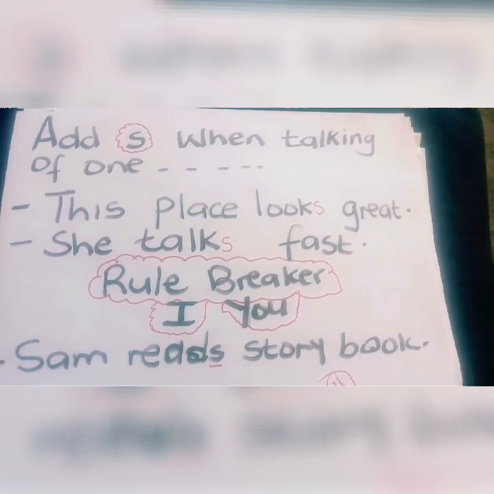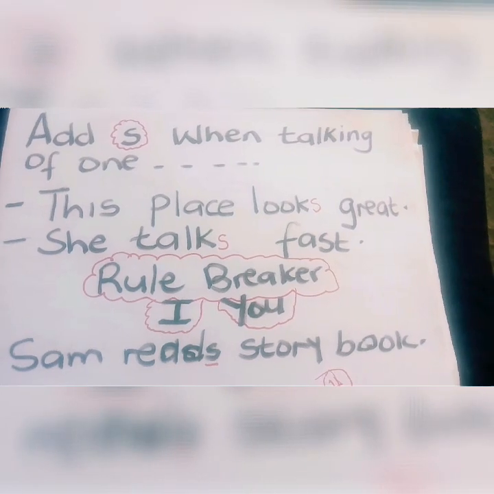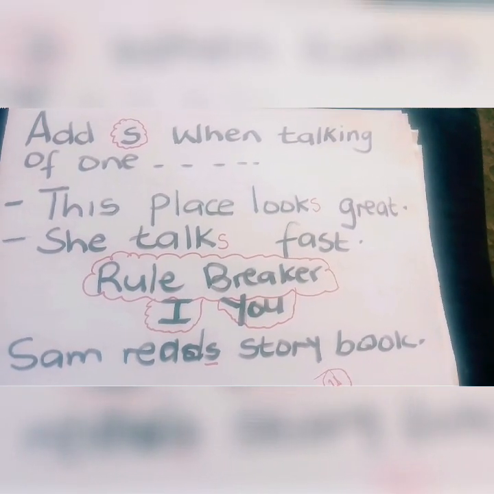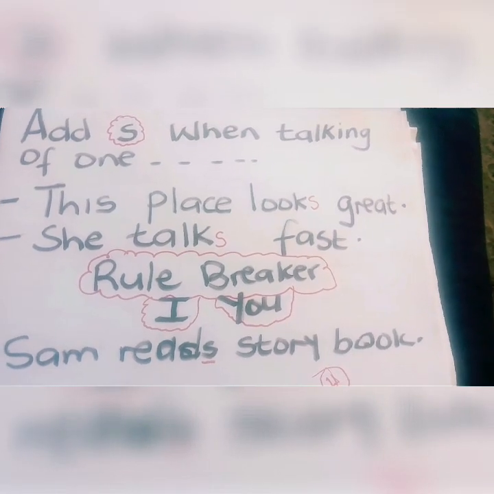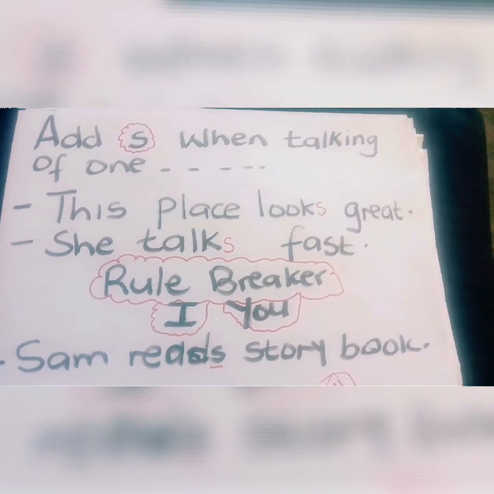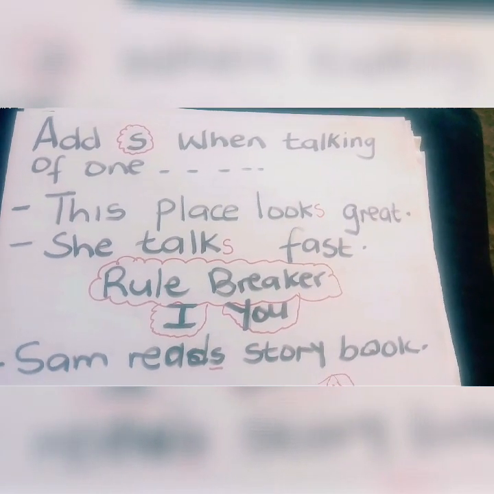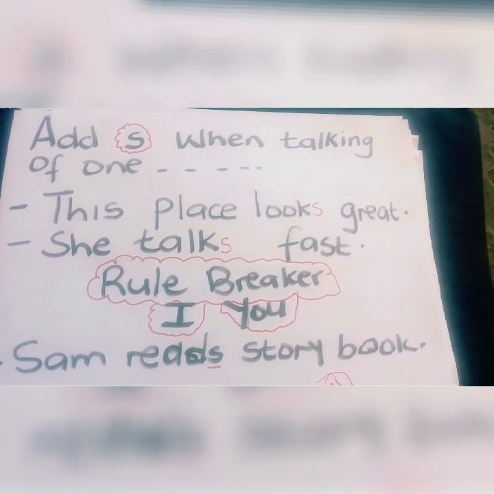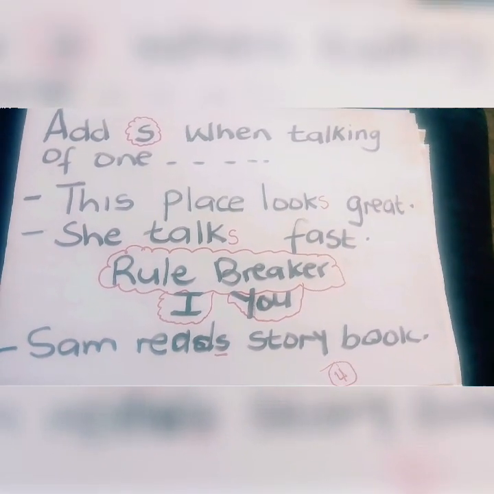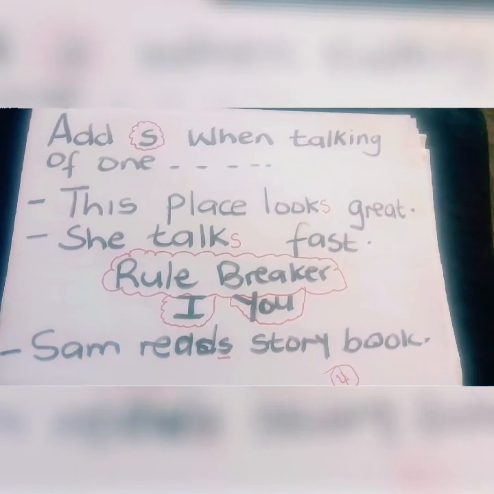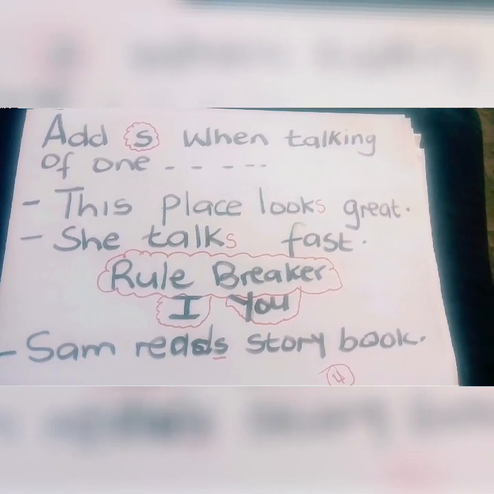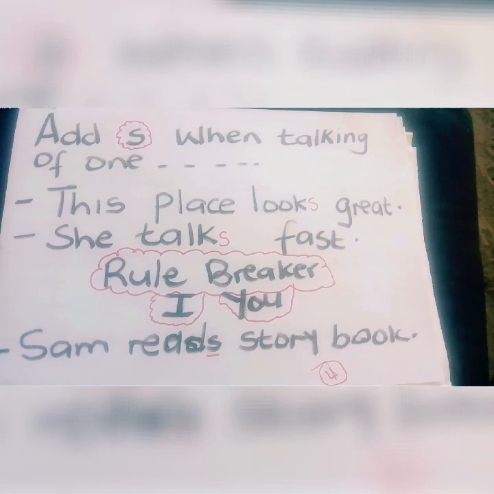We are talking about one person, so we add an s to our verb, which is talk. Then it reads she talks fast. So remember, add s when you are talking of one thing, one place, one idea, or one person. But again, do not forget about the rule breakers. You know, in life there are those people who break rules. It's not only in life, people who just don't want to follow.